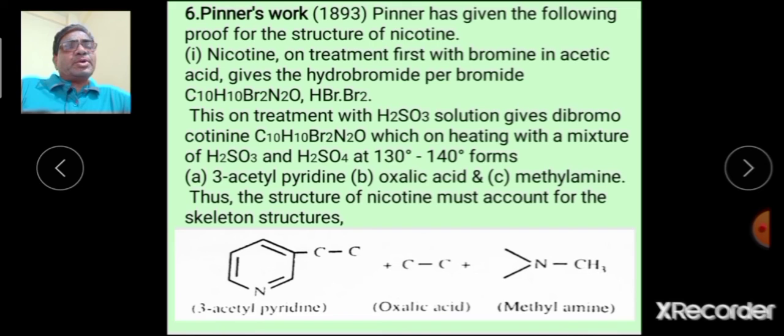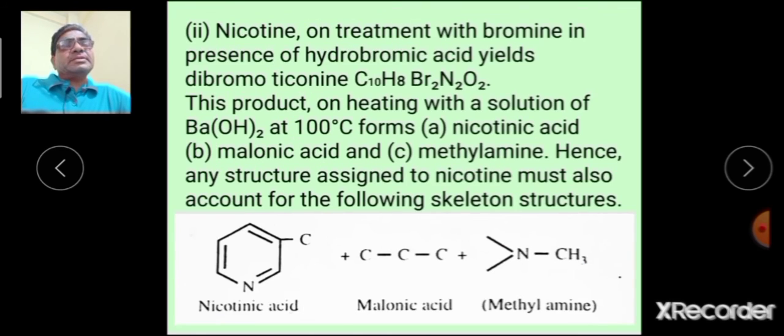Thus the structure of nicotine must account for the following skeleton. This is a pyridine structure with 2 carbon atoms, that is a COCH3 acetyl group, oxalic acid and N-methyl, that is methylamine. Second, nicotine on treatment with bromine in the presence of hydrobromic acid yields dibromocotinine, C10H8Br2N2O2.